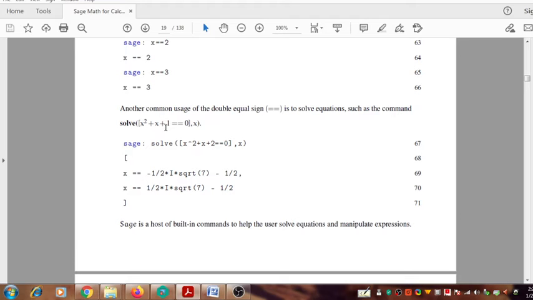But I know that you might have faced problems in which you are asked to solve expressions like x square plus x plus 1 equal to 0. And when you solve this, you are going to get two values for x.